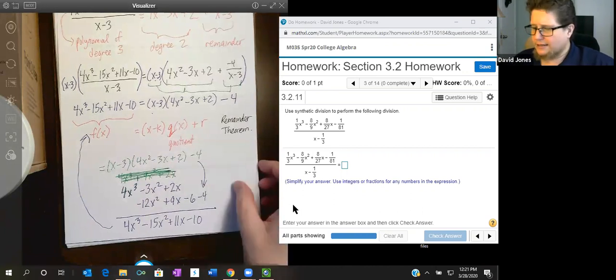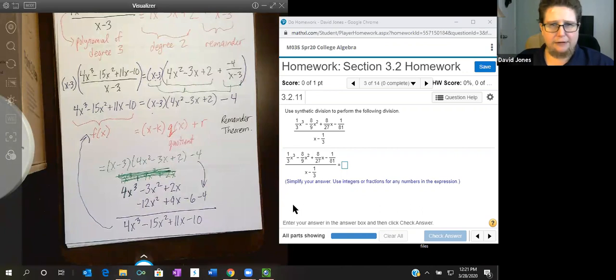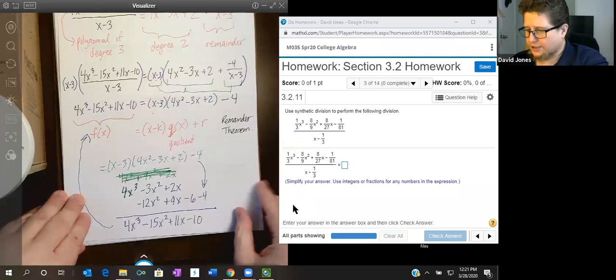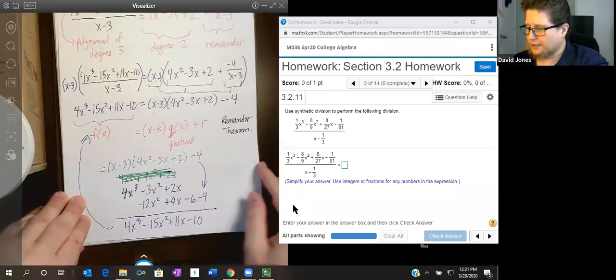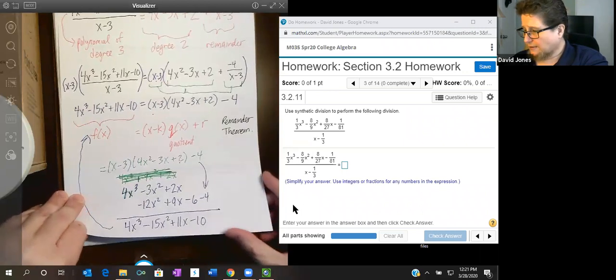This leads to an interesting idea. Pause it for a second if you need to write that down. We'll do another example. I want to illustrate the remainder theorem though. Let's go back up to that 4x cubed where I wrote it out.